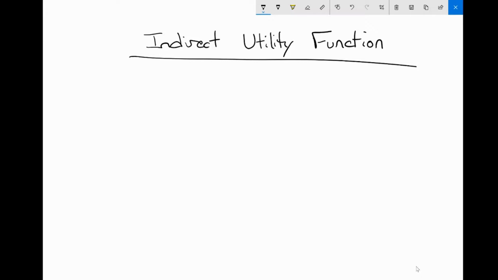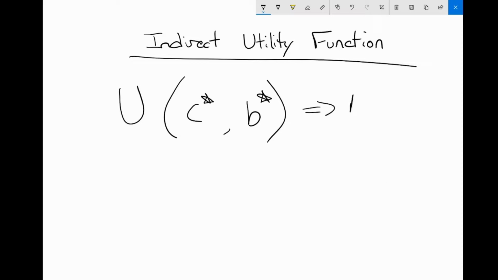Our indirect utility function is where we have our utility function and then we plug in the optimized values. This is going to give us the max utility. This is the max utility that is achieved given the utility maximization problem that we completed.